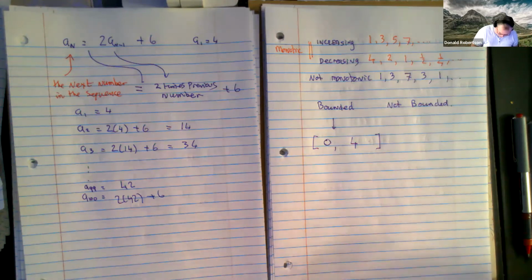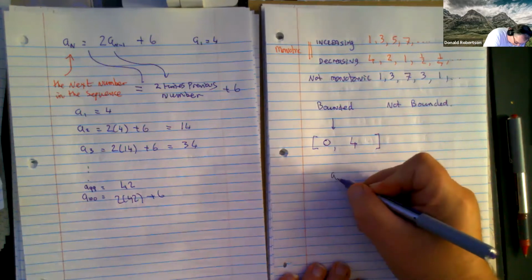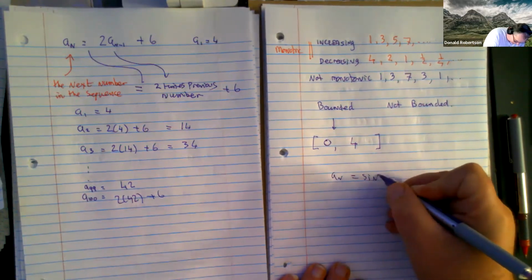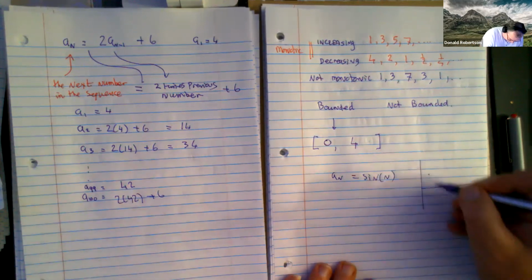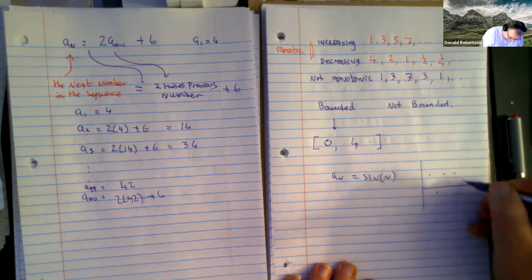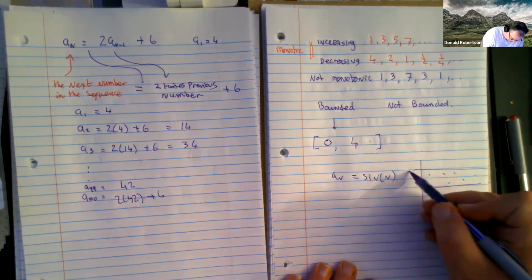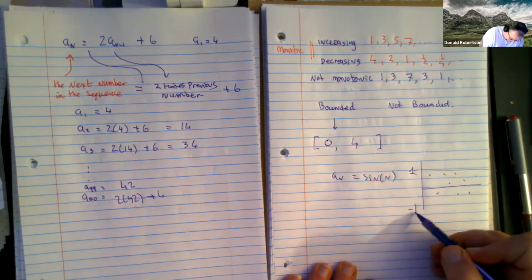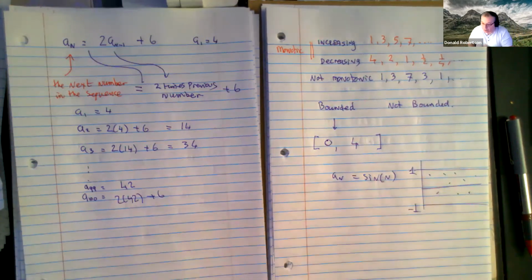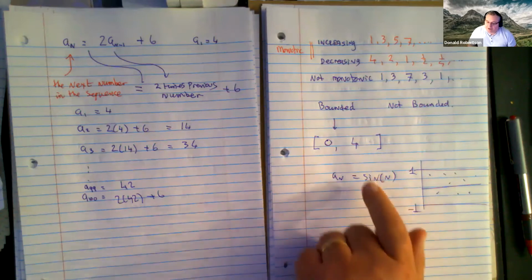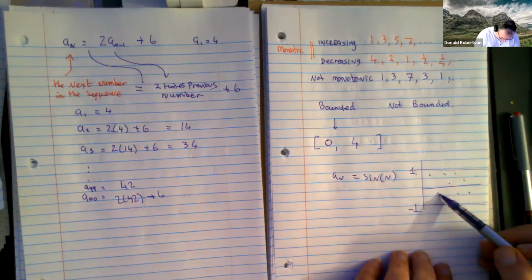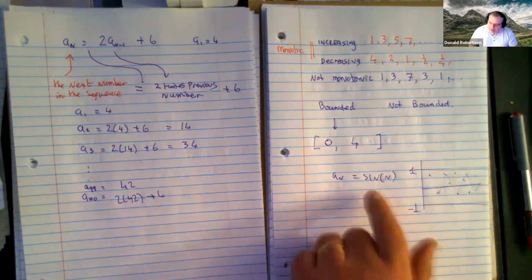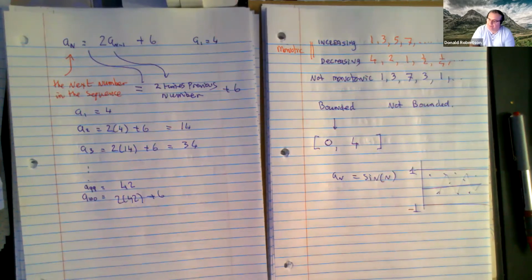An example of that could be this sequence. Now, if you plot that sequence, you'd find out it kind of bounces around, but isn't the maximum range always going to be between 1 and -1? So this sequence goes up and down, up and down, up and down, but it's still bounded, right?